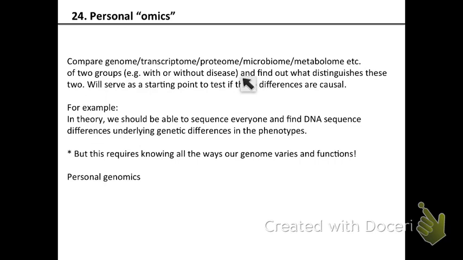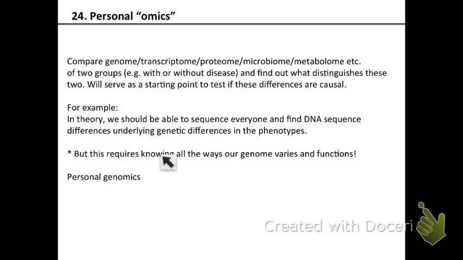This would provide correlation, what distinguishes it, and then you can use that to see if it's actually causing the disease or not. So in theory, I should be able to sequence everyone here and find out our DNA sequence differences that underlie the genetic differences in the phenotypes.